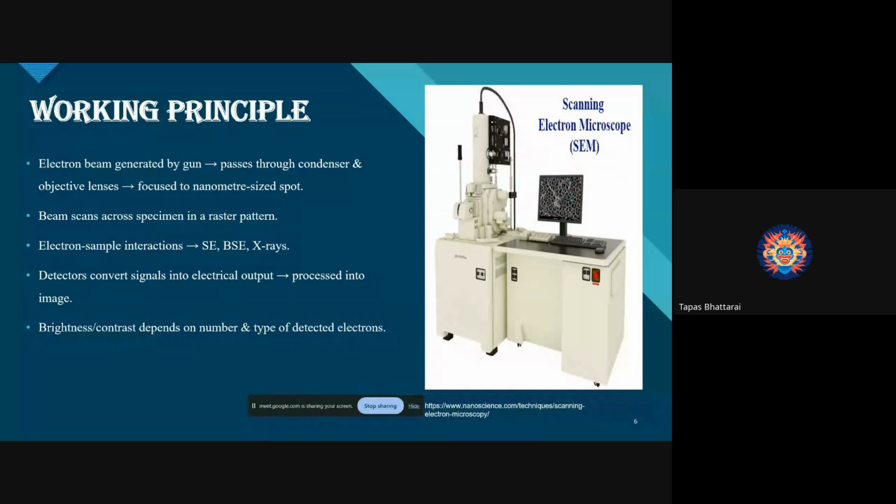As it interacts with the surface, different signals get generated, like secondary electrons, backscattered electrons, and X-rays, which are captured by detectors. These detectors collect these signals and convert them into electrical output, which is further processed by the computer system into an image where brightness and contrast depend on the number and type of electrons detected. And the result is a detailed 3D image of the sample surface.